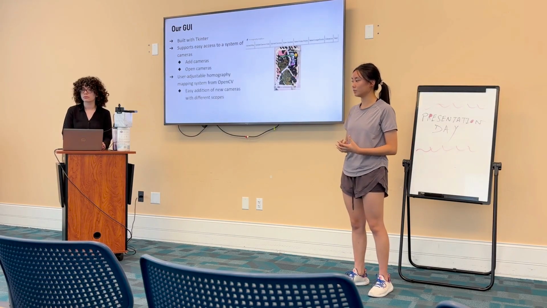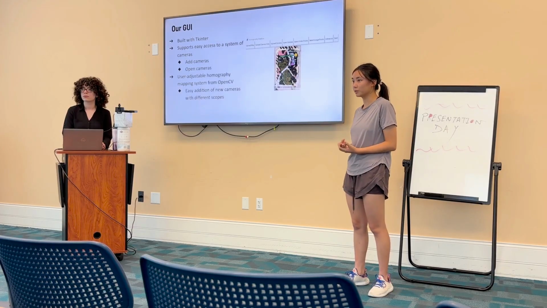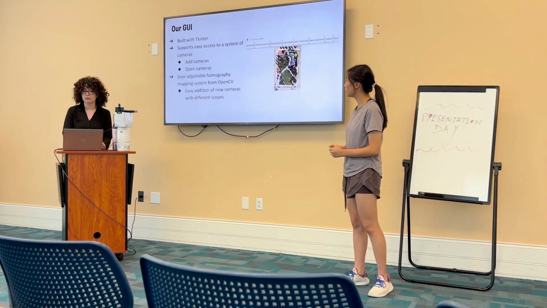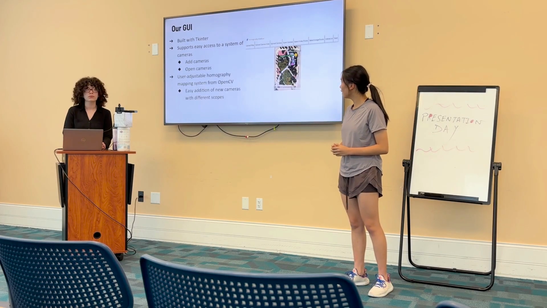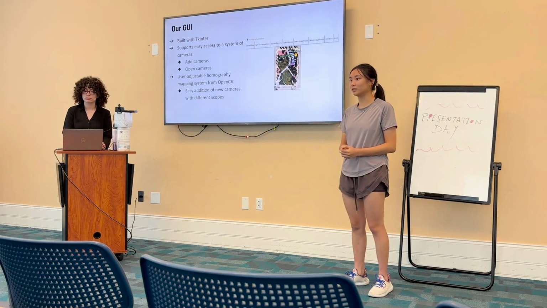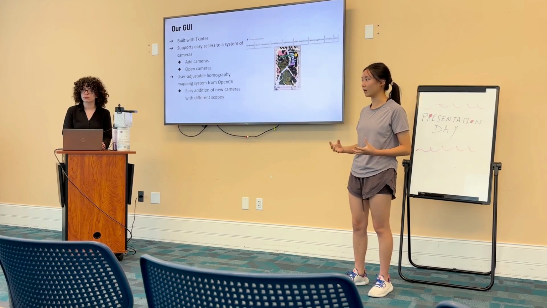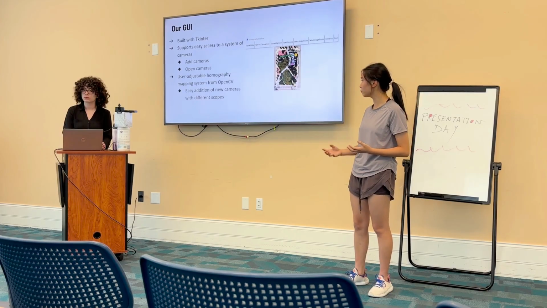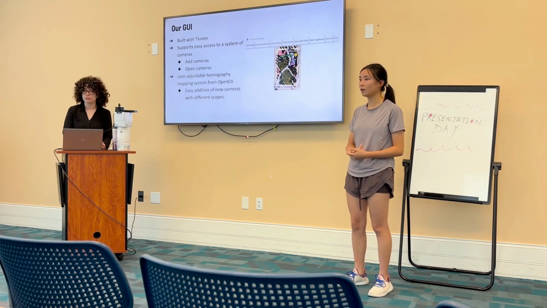So because we want this to be applicable and usable, we decided to make a GUI built with Tkinter. This is supposed to support easy access to a system of cameras within the park. It has functions that allow you to add new cameras and open up cameras.